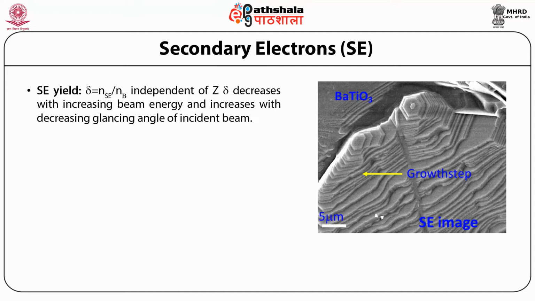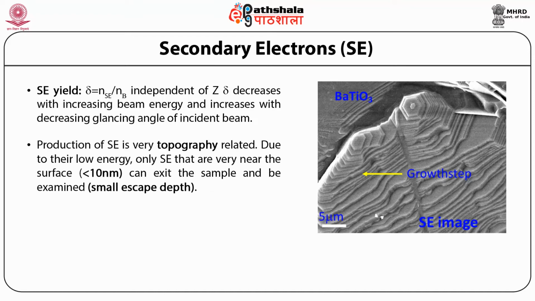This figure shows a SEM image of barium titanate, and here, as you can see, there is a production of secondary electrons which is very topography related. Due to their low energy, only secondary electrons that are very near the surface, that is less than 10 nanometers, can exit the sample and be examined, having small escape depth.